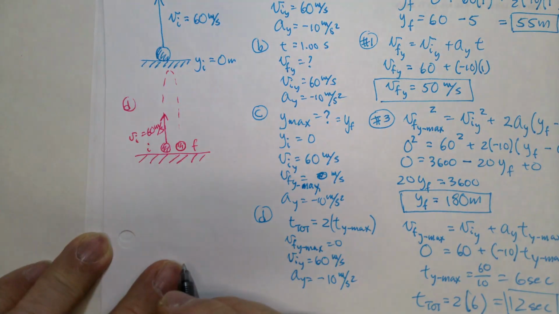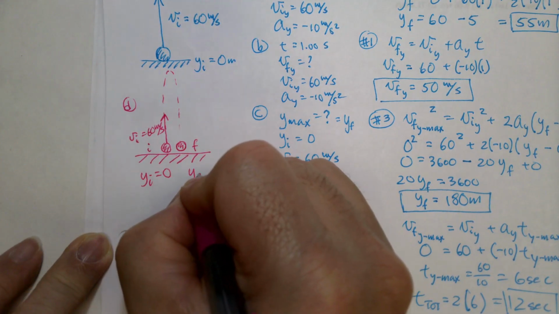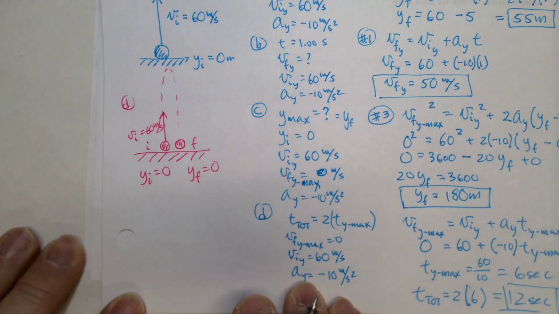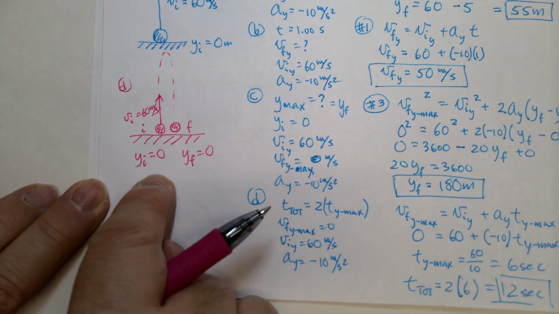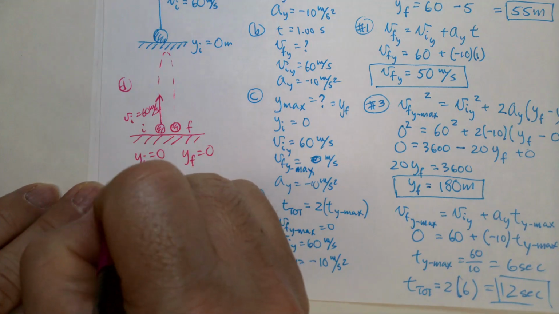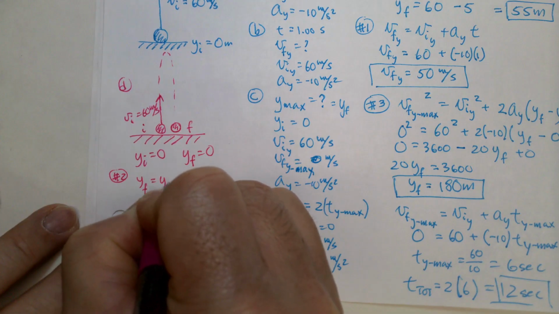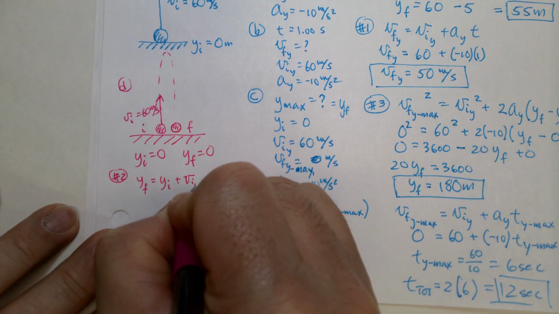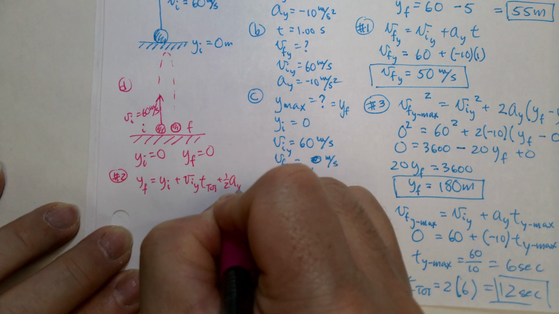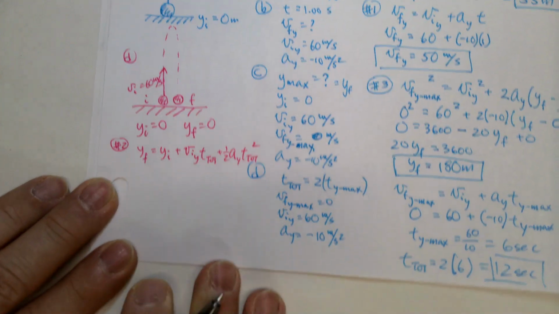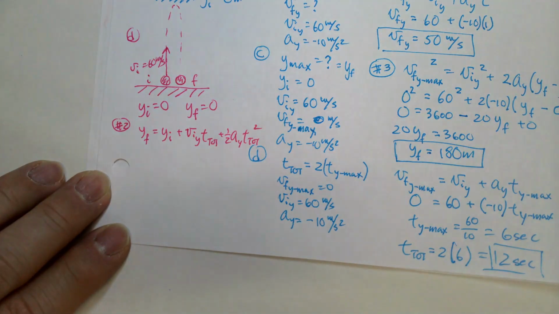So your y initial is 0, and your y final is also equal to 0, right? So if you use this idea, you could use the second equation and say y final is equal to y initial plus VIY t total plus 1/2 AY t total squared. Because now we're looking at initial and final, so we're looking at the total time.